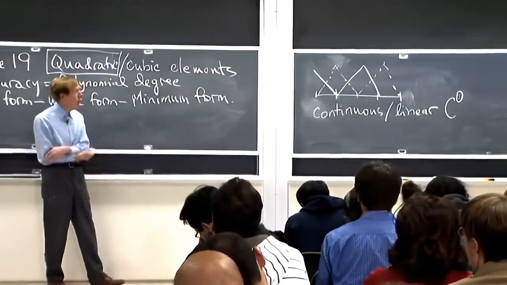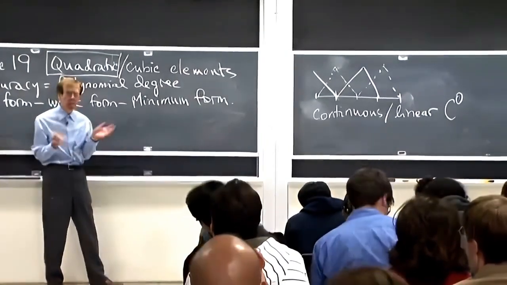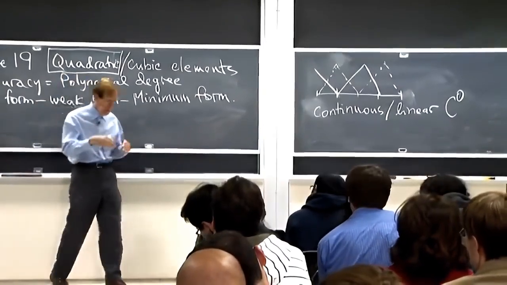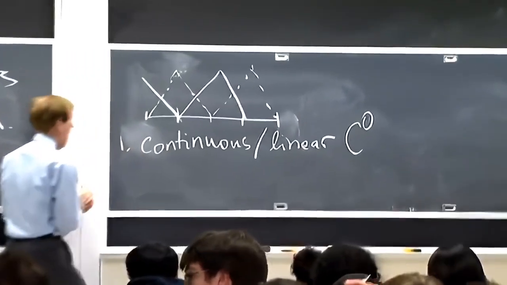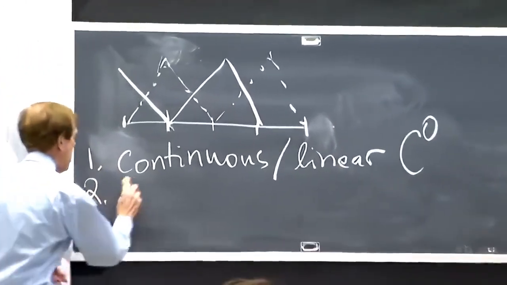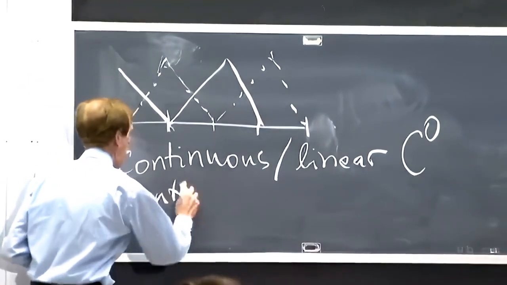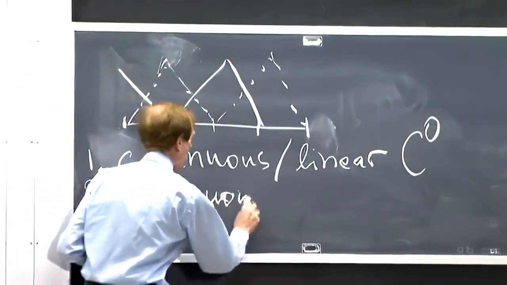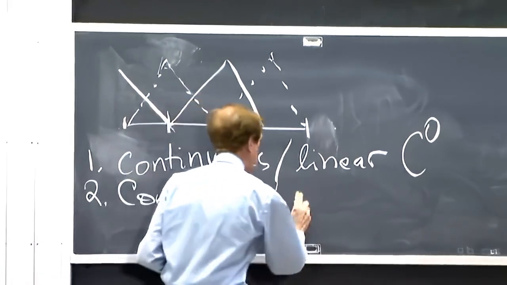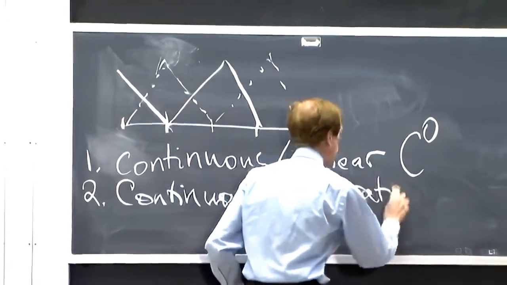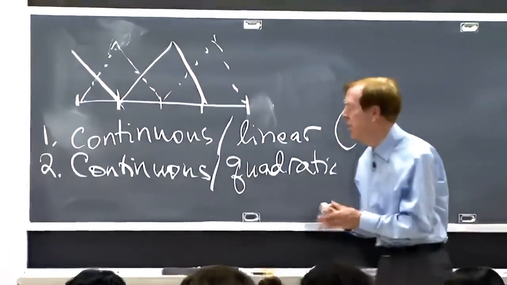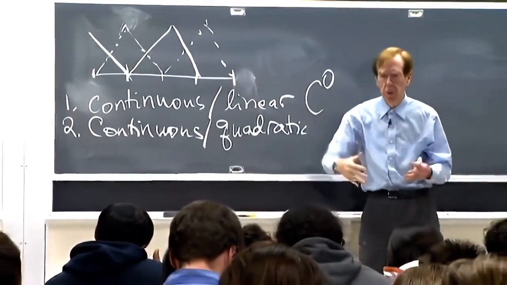So how would you get parabolas? So this was the first guy. The second guy is going to be continuous and quadratic. So it's going to have new trial functions. In addition to these, I'm going to put in some more.